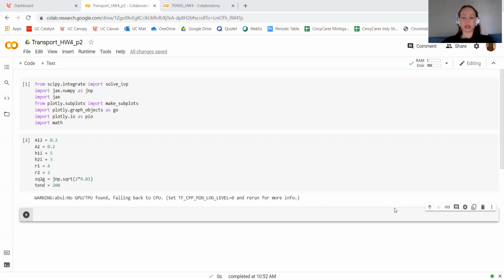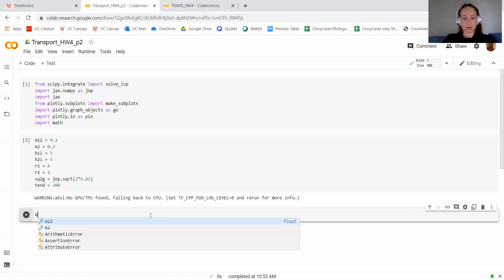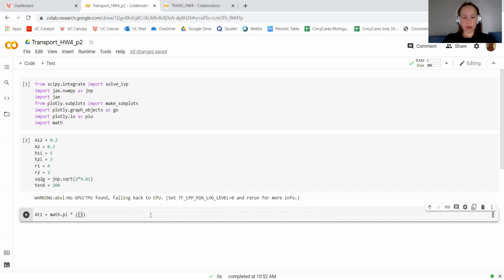So the first thing that we're going to do is solve for the cross-sectional area of each tank using equations that we found in part 1. So the cross-sectional area for the first tank is going to be pi times the radius squared minus the initial height minus the radius squared.